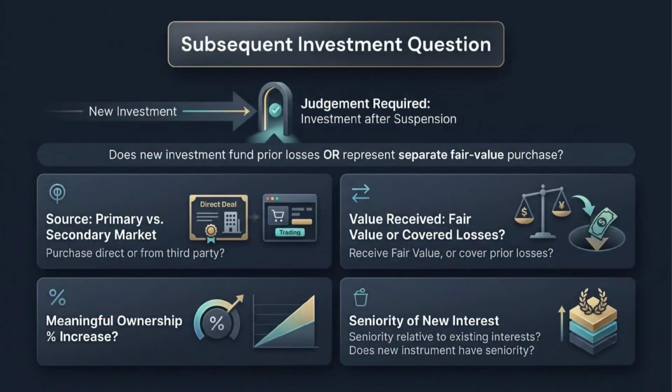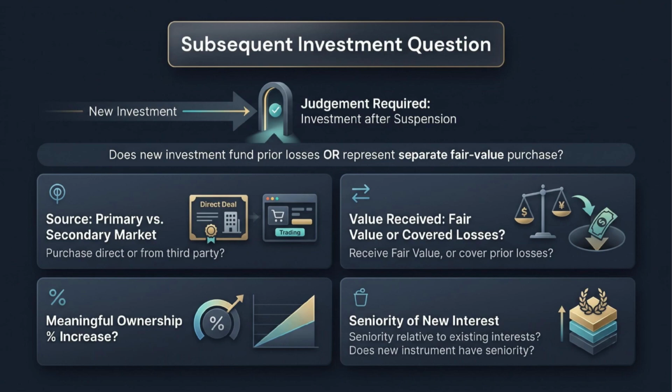A new investment after suspended losses requires judgment. Suppose the investor makes an additional investment in the same investee after loss recognition was suspended. We cannot answer the accounting mechanically. We must ask whether the new money funds prior investee losses or whether it represents a separate fair value purchase of an ownership interest.